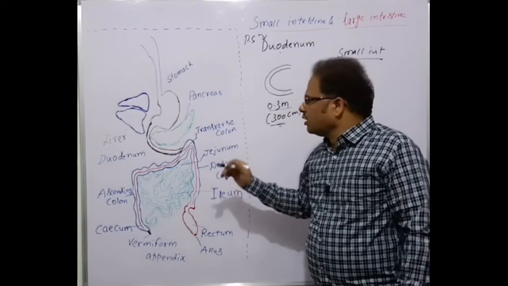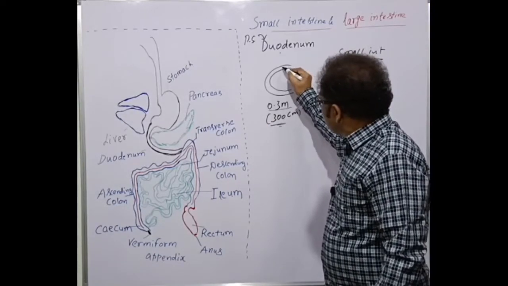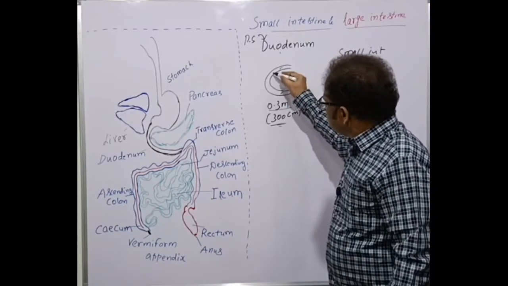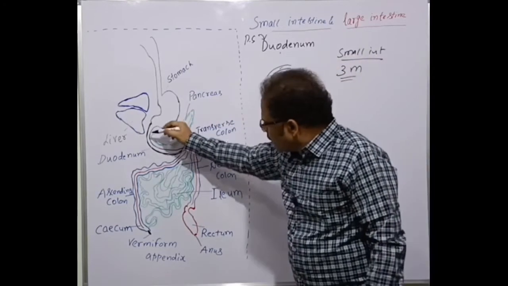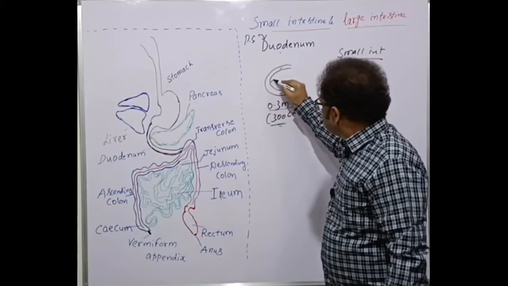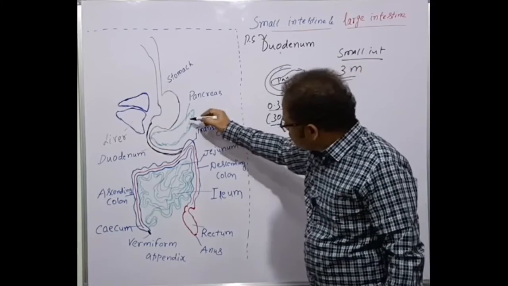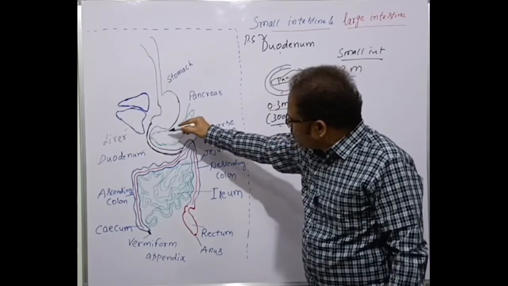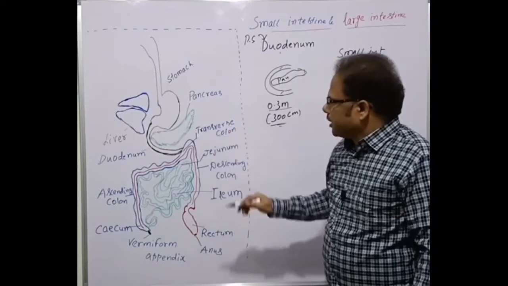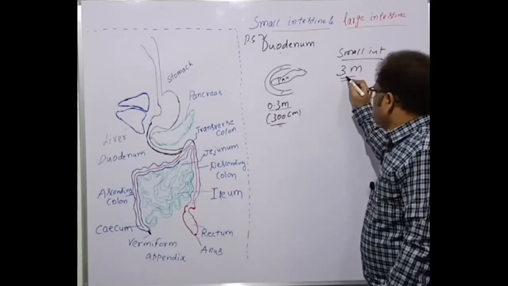Clear? So it consists of two limbs, a U-shaped structure here. Between these two limbs there is the pancreas. This is the pancreas; I have drawn it as a greenish structure. Okay, students.